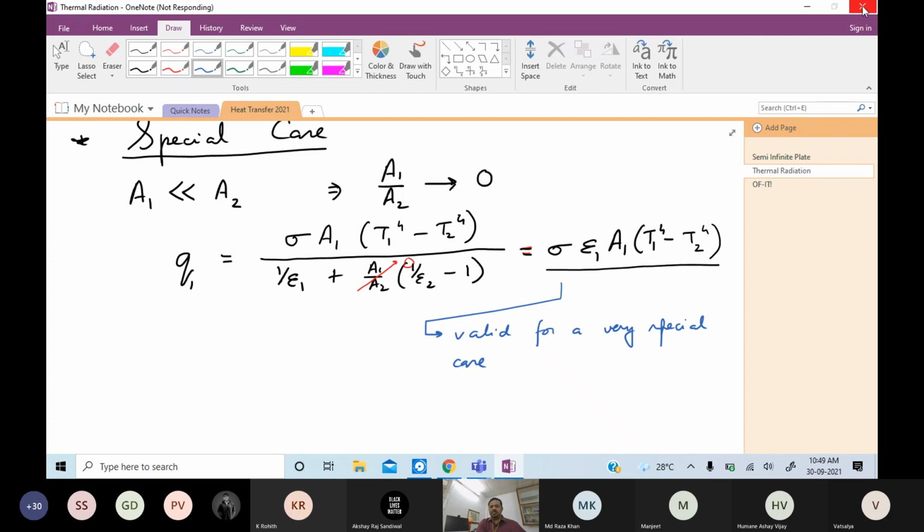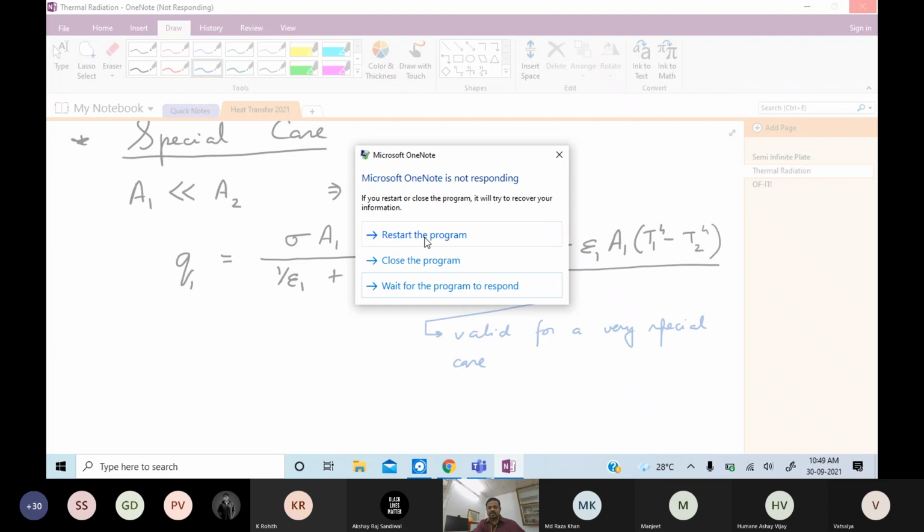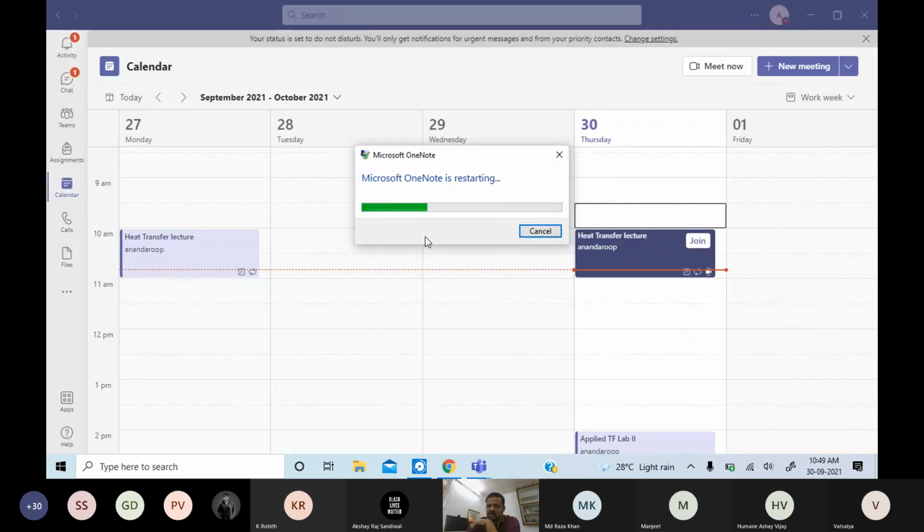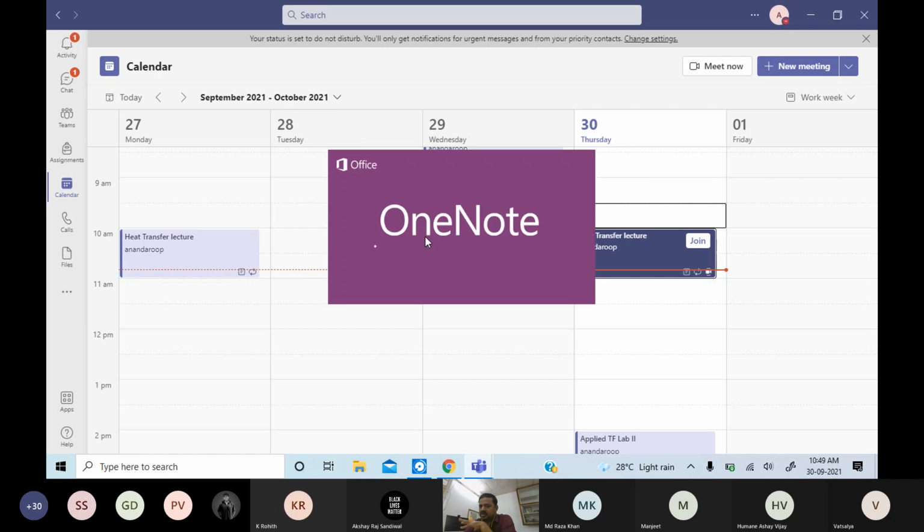So let me close my OneNote and relaunch again because it is not behaving properly. So friends, I hope you have now understood this whole scenario.